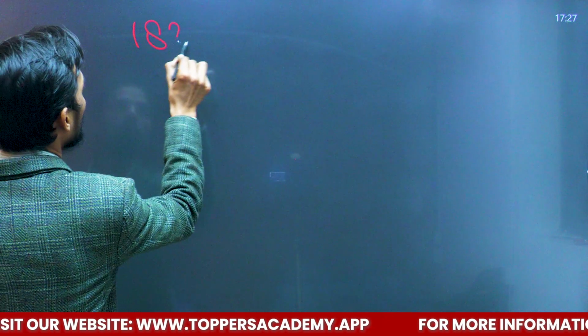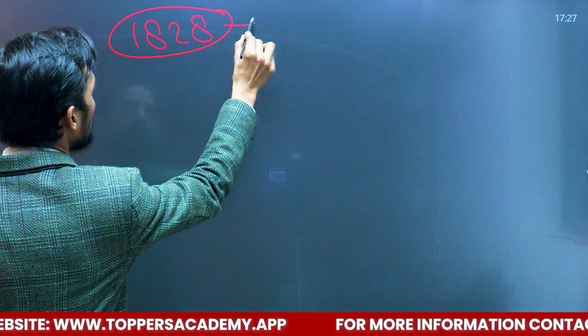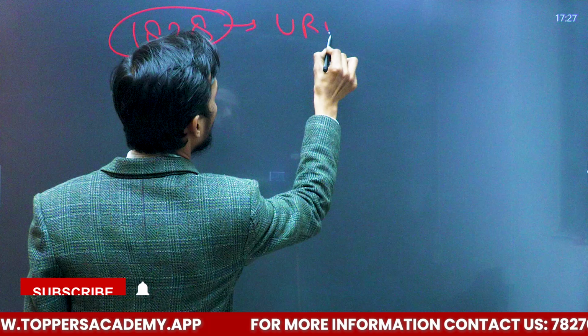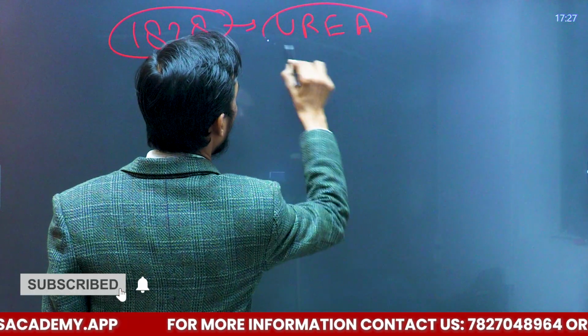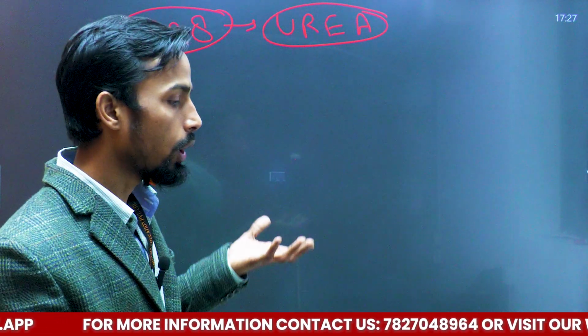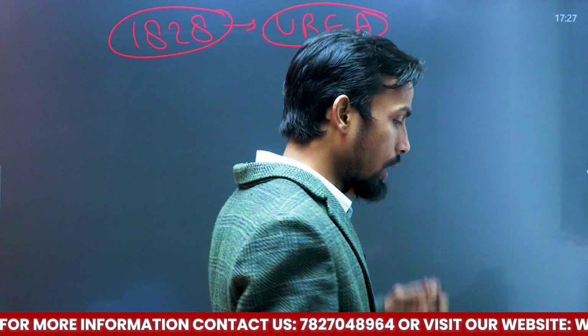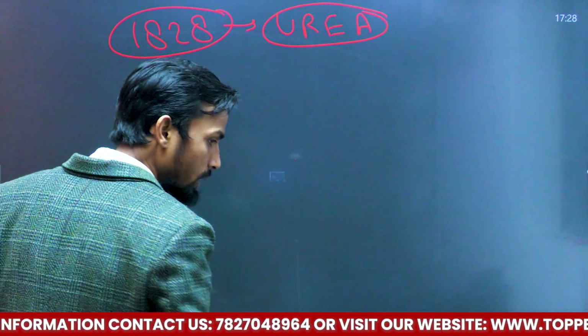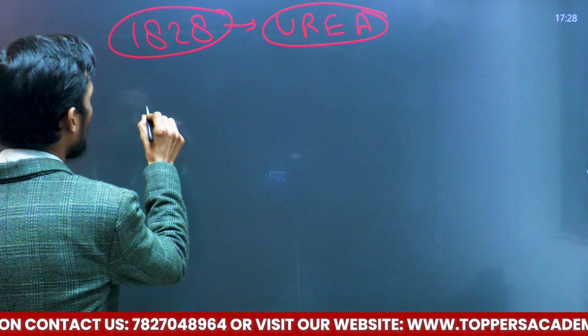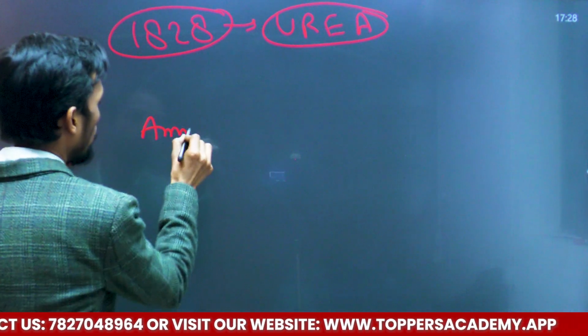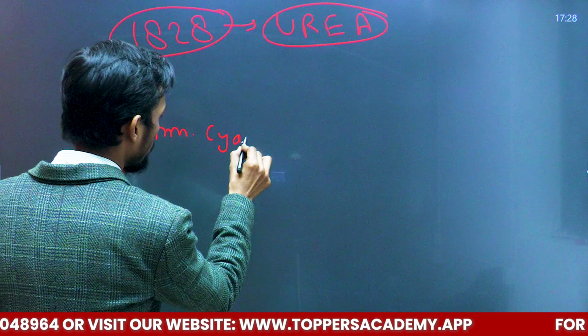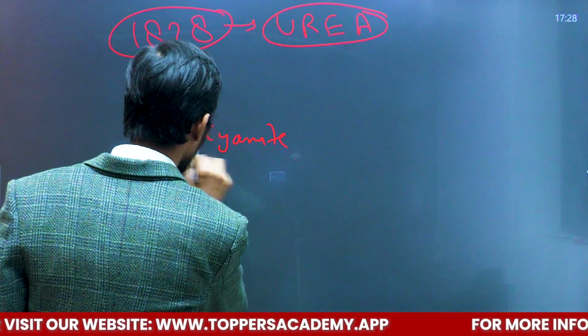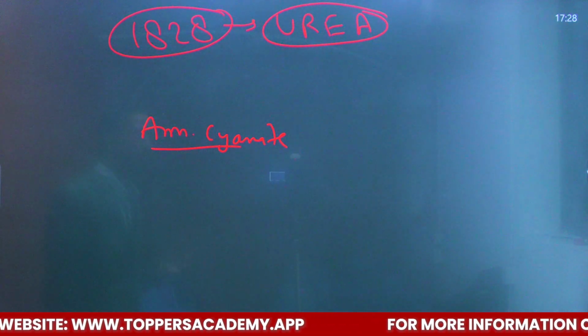the first compound which was synthesized was urea. The first organic compound synthesized in the laboratory was urea, and that was prepared from ammonium cyanate, NH4CNO.